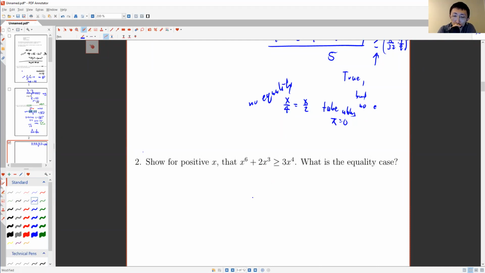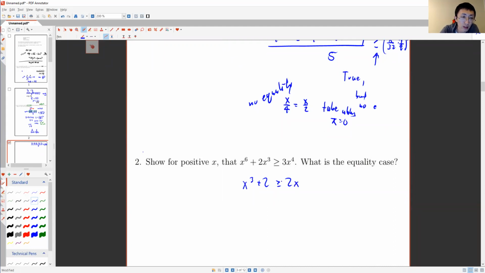Oh, wait, hang on. Is this good? Yeah, I guess this should be fine. So Kyan says divide by x cubed. That's fine. I guess since x is positive, that's a valid thing to do. So we could divide by x cubed.